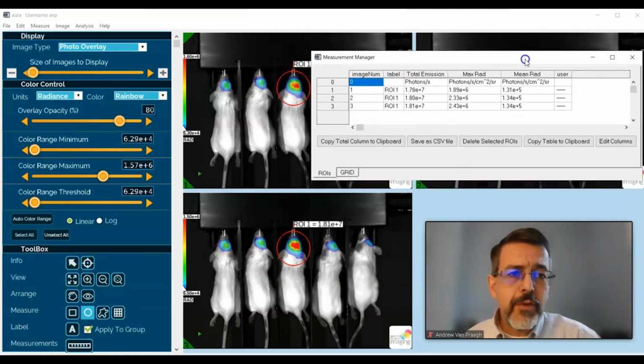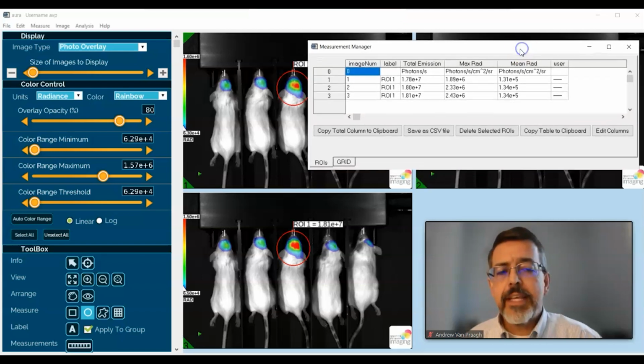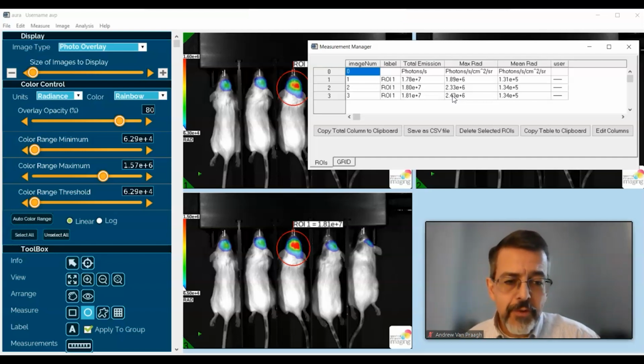Now, the use of max radiance can be very easily discounted as follows. Max radiance is simply a pixel quantitative designation for the hottest pixel within the region of interest. It is not an overall quantitation of the signal within the region of interest.